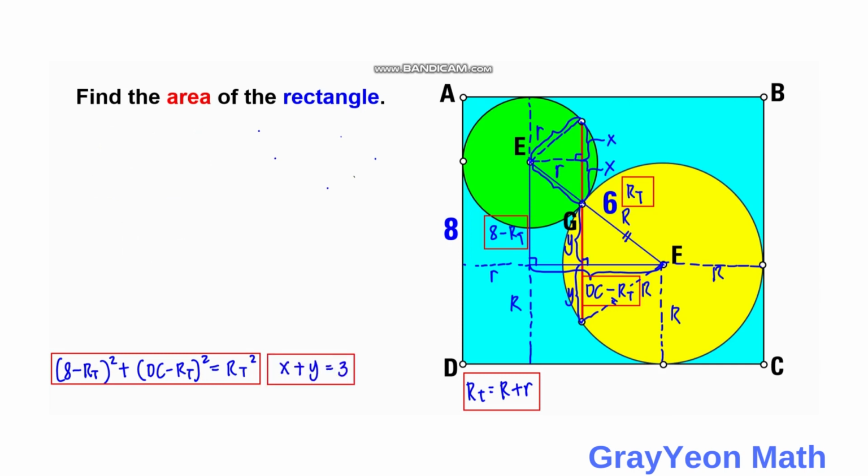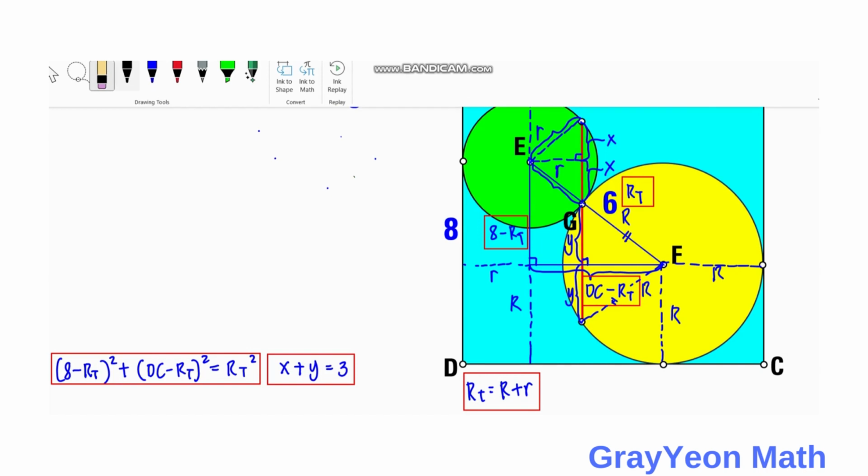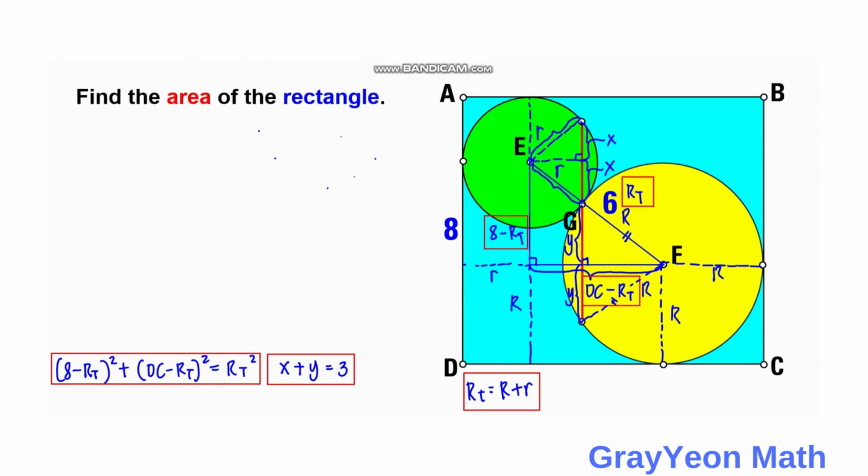And you may ask why did we calculate x plus y? x plus y is actually this length. So this length, x plus y, is equal to 8 minus r sub t, which is the shorter leg of this right triangle. So x plus y is equal to 8 minus r sub t.